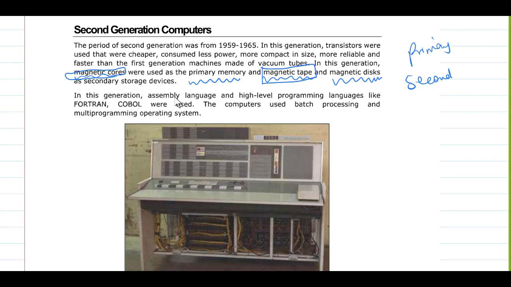So in this generation, assembly language was used. As I mentioned, we are going to be discussing languages. And there was a development of high-level programming languages like Fortran, COBOL, among others. These again used batch processing, and multi-programming operating systems came into the picture.